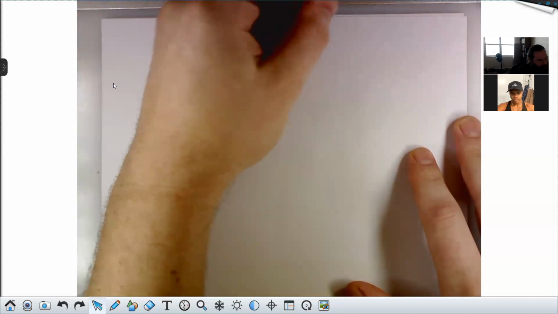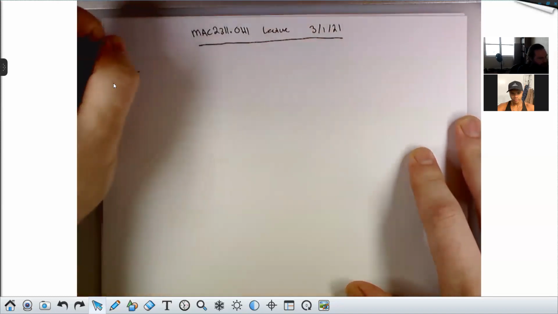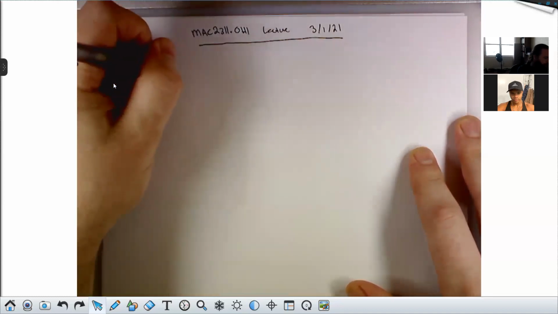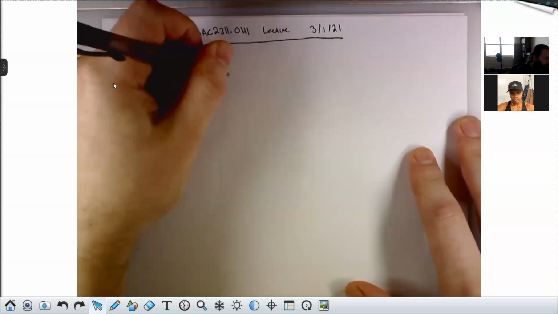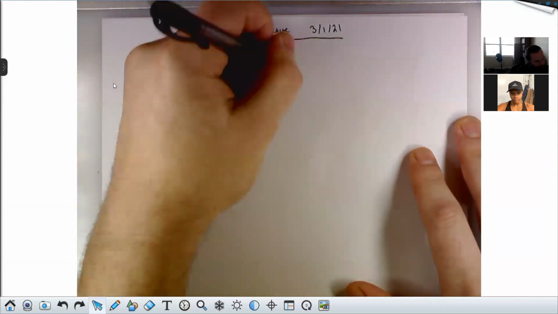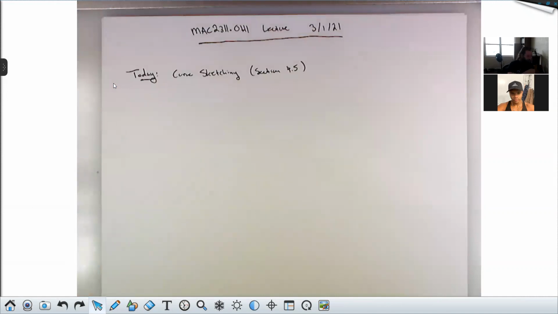Today is the 1st of March, 2021. And the section we're covering today is one of my favorites, curve sketching. The good news about this section is that it doesn't actually have anything new. It's all stuff that we've seen before.